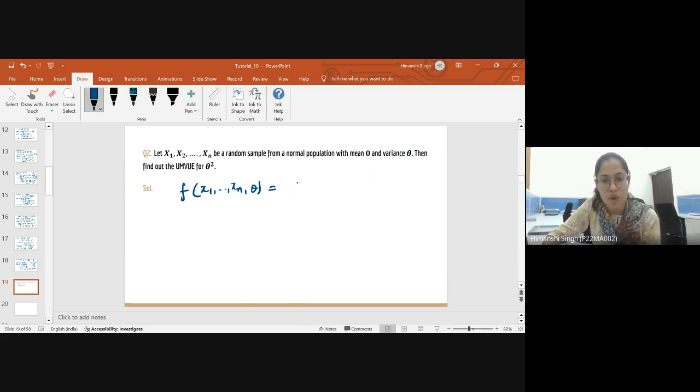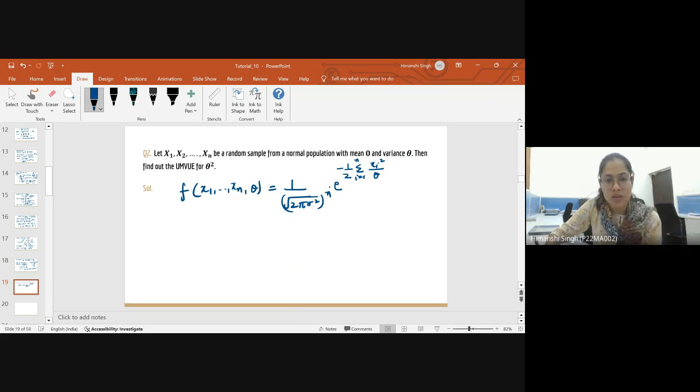So it will be of the form (1 upon under root 2 pi sigma square) to the power n, times e to the power minus 1 upon 2, summation i going from 1 to n, xi square by sigma square. We do not have sigma square here, we have theta here, so we'll write theta here. Okay, so this is basically the density form.